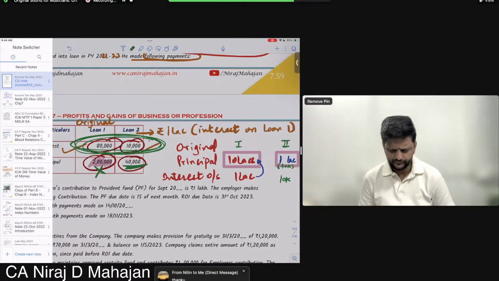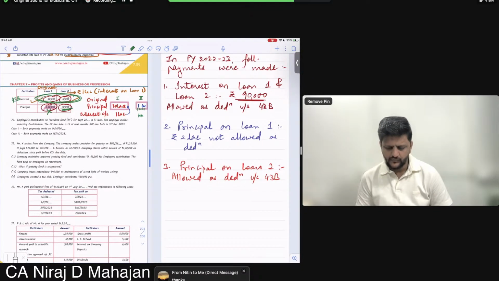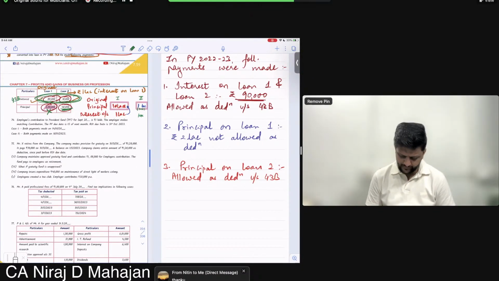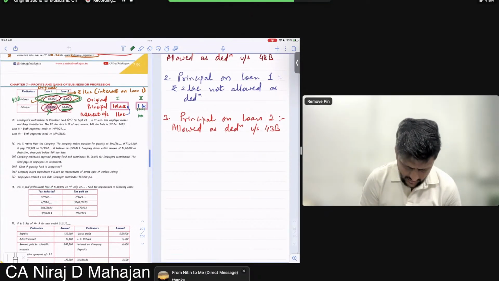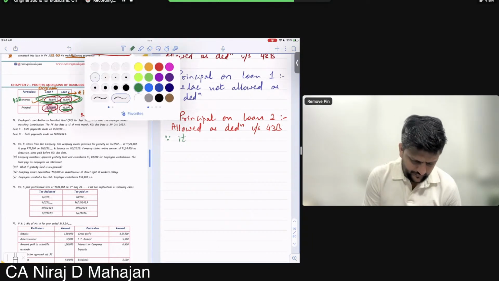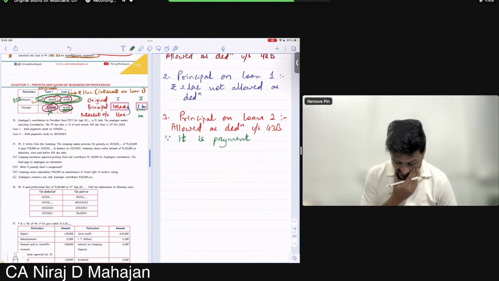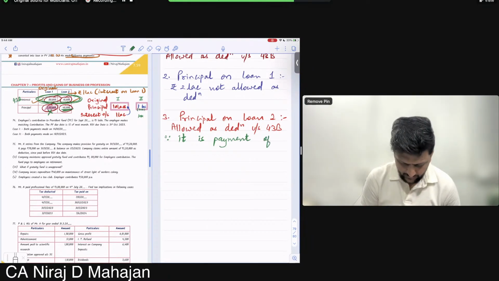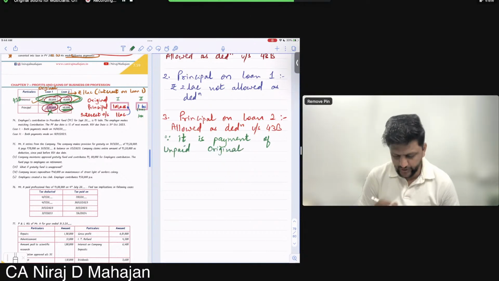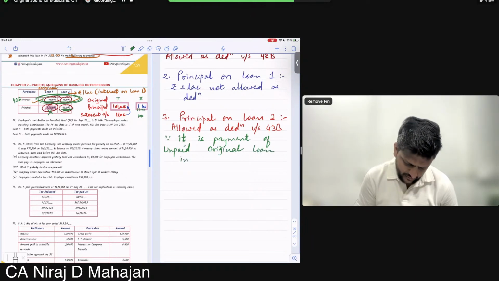In a notebook, write down: principal of loan 2 is allowed as deduction under section 43B because there is payment of unpaid original loan interest.